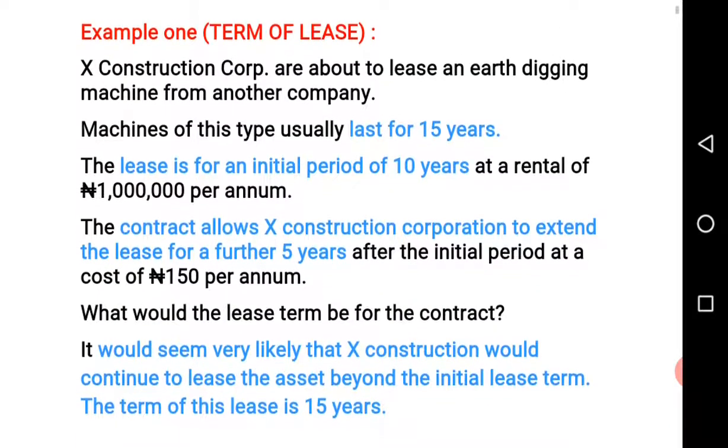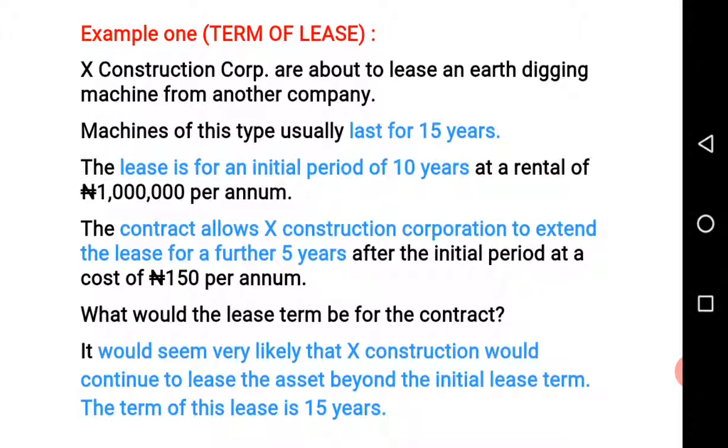From this question, we have 1 million naira per annum for the first 10 years and 150 naira per year for the later 5 years. The primary period usually recovers a substantial part of the cost of the asset, while the extended period has a minimum part to be gotten by the lessor from the lease of the asset, because he has already gotten most of what he wants from the asset.